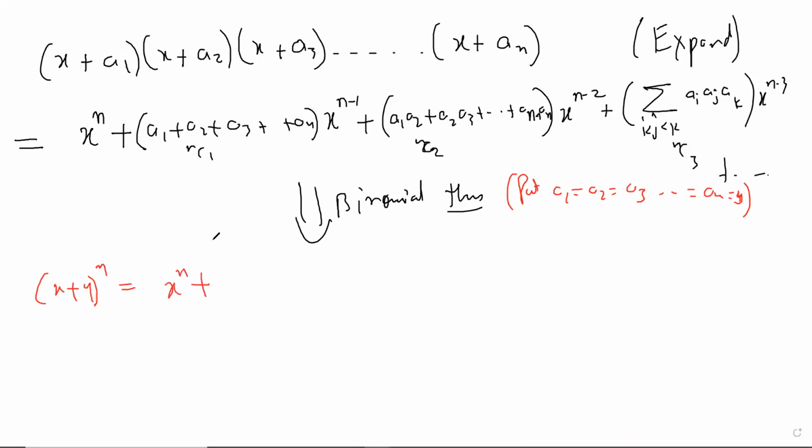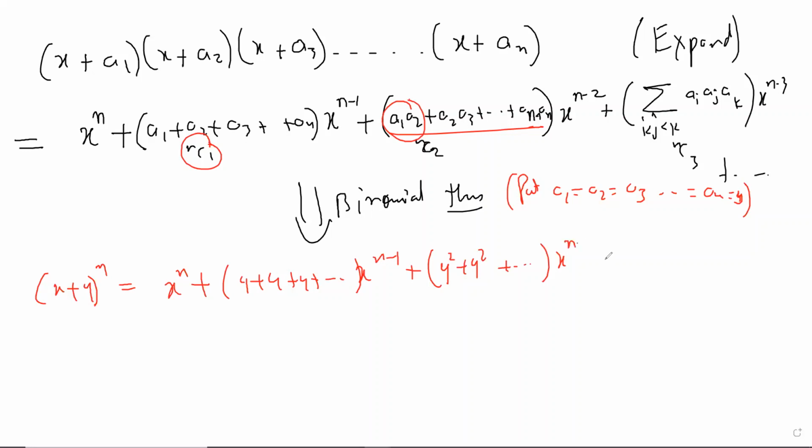This will of course become n choose 1 times y, right? Because we'll have, let's just take it one step, y n times. And here you will have y squares, right? Each of these, a1 a2 will become y square, a2 a3 will become y square and so on. So we'll have a lot of y squares.